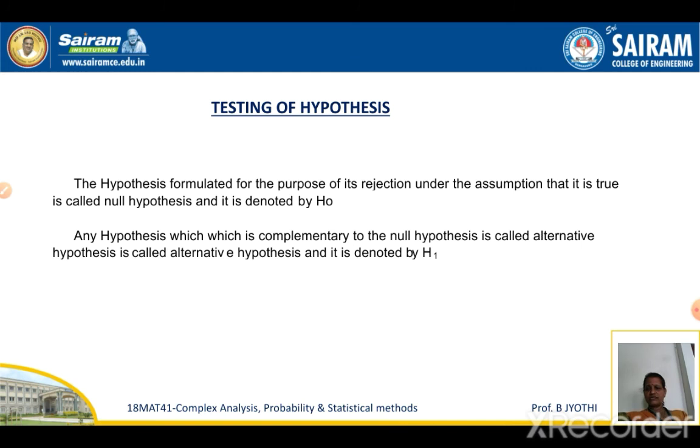Coming to the testing of hypothesis, the hypothesis formulated for the purpose of its rejection under the assumption that it is true is called a null hypothesis, and it is denoted by H0. And any hypothesis which is complementary to the null hypothesis is called the alternative hypothesis, denoted by H1.